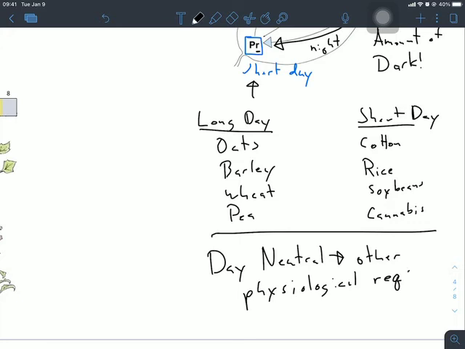Like, am I developmentally ready? Have I grown enough leaves? For example, certain corn plants will begin to flower immediately after they've made their 11th leaf, or something of the sort. And do they have enough sugar in their stem?